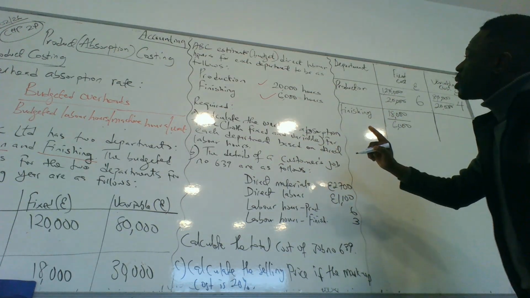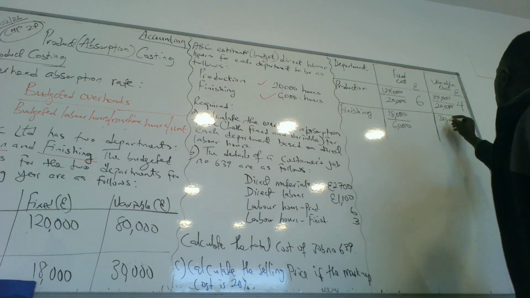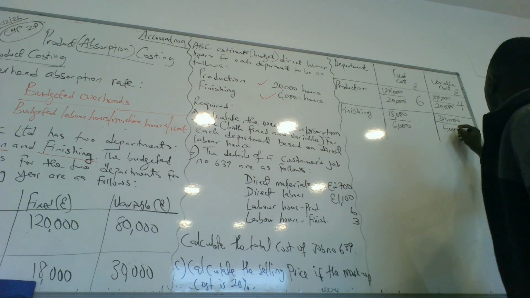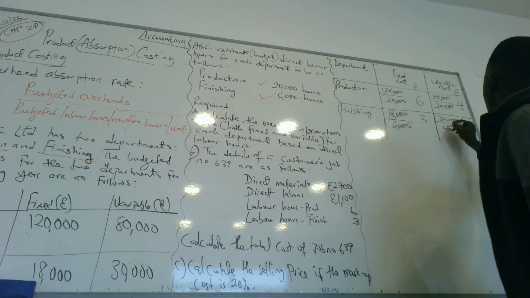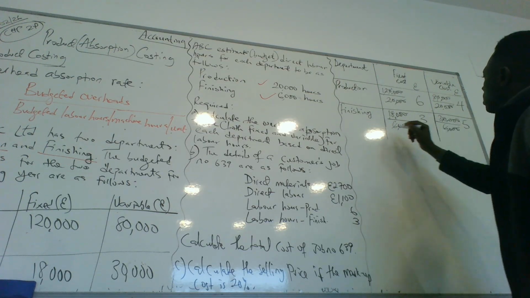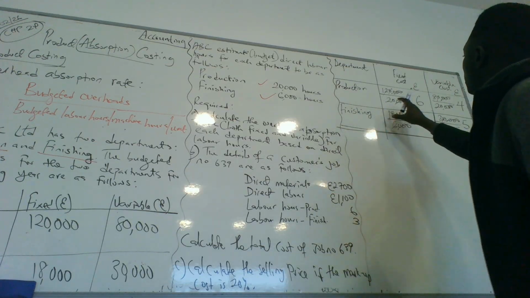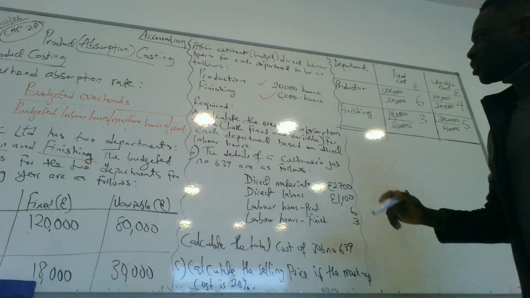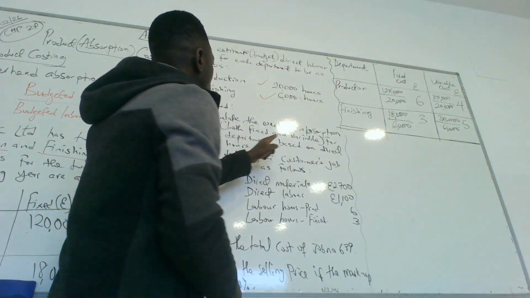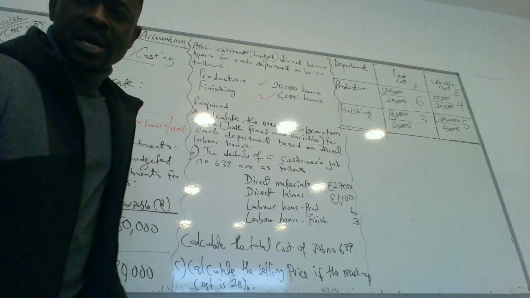Then for variable cost, we have 30,000 divided by 6,000. So here we have 3 euros for fixed and 5 euros for variable. So these are the rates for each department. So we are done with the first question, which says we should calculate the overhead absorption for both fixed costs and variable costs for each department.